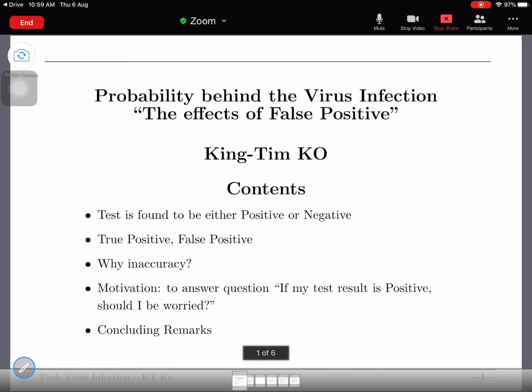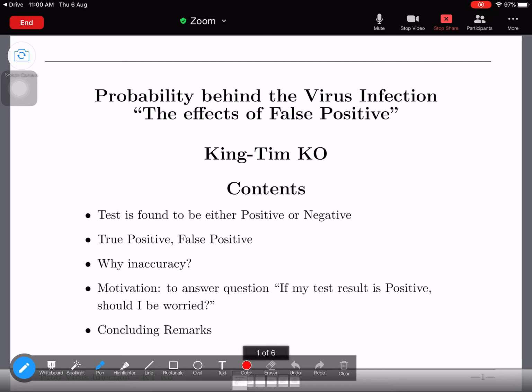This is the lecture material. When you do a virus test or any test for disease, you either receive a result of positive or negative.